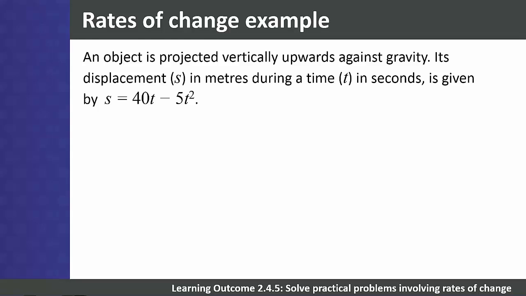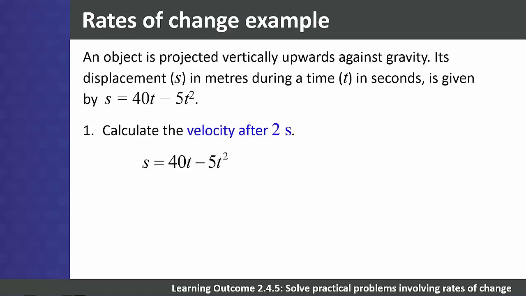An object is projected vertically upwards against gravity. Its displacement s in meters during a time t in seconds is given by s equals 40t minus 5t squared. Question 1. Calculate the velocity after 2 seconds. Displacement here is a function of time.